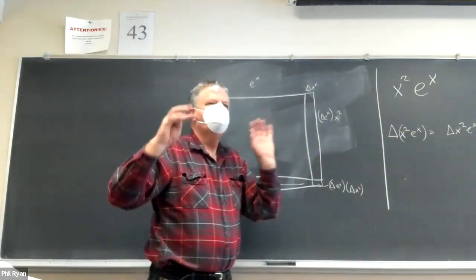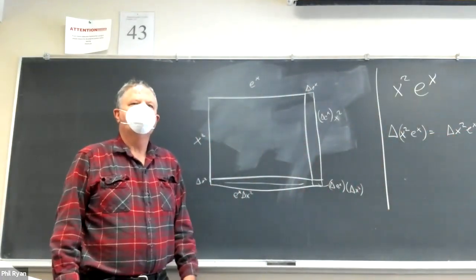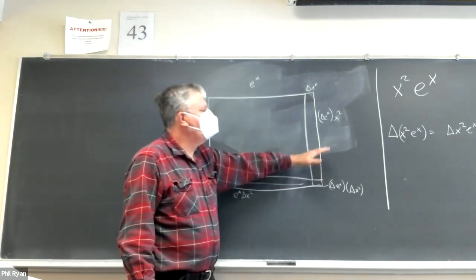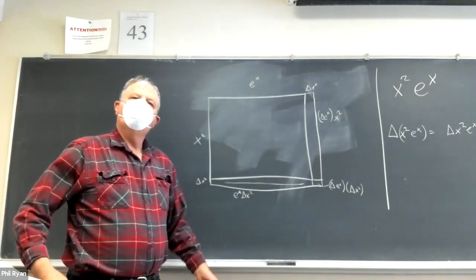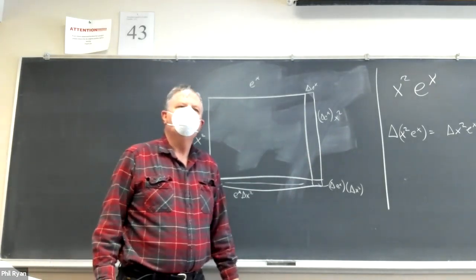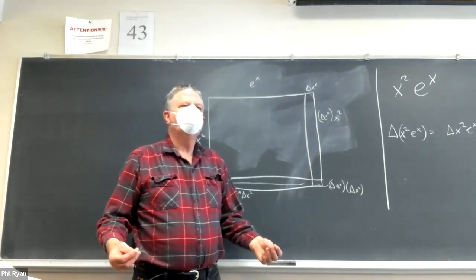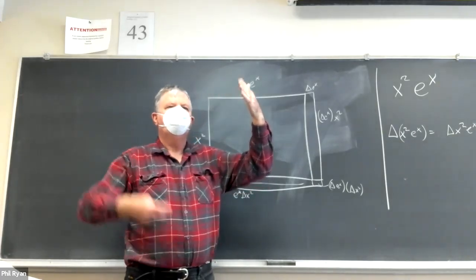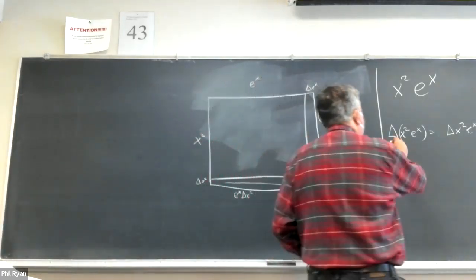Okay, it's all alphabet soup, but hopefully it makes sense, right? The change in the area is adding up those three things. So how do we turn this into a derivative? Well, how do you turn anything into a derivative? If you've got the rise, what do you divide it by? A run. Okay.